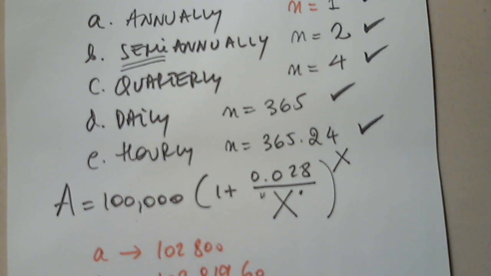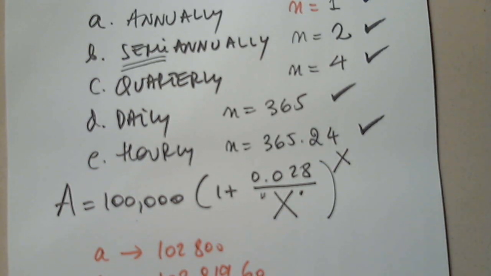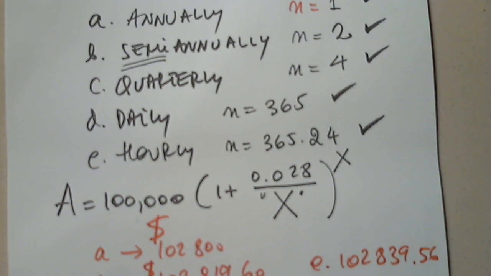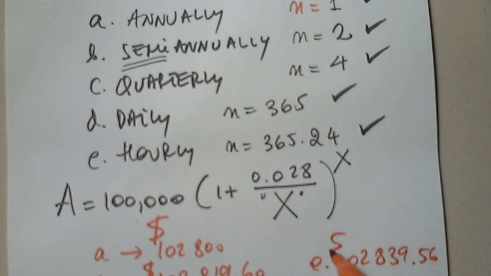We're asked to round to the cent, 0.54. The next one, part D, 102,839.46, because 45 is followed by 8. And the last one, part E, 102,839.56. The measurement unit is extremely important always. Do not just write a number, please.